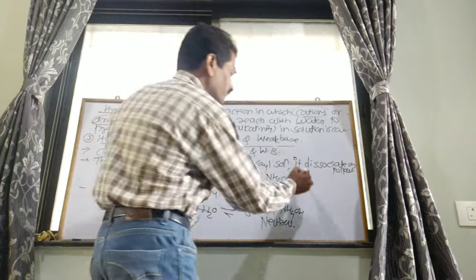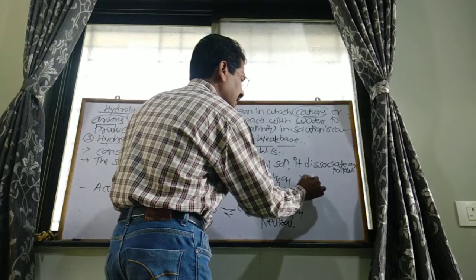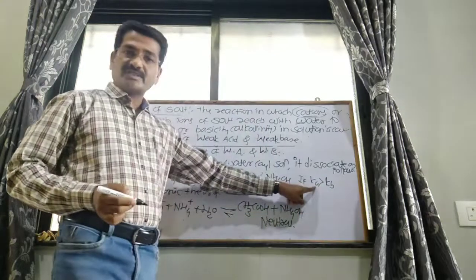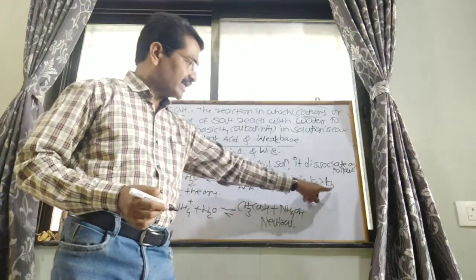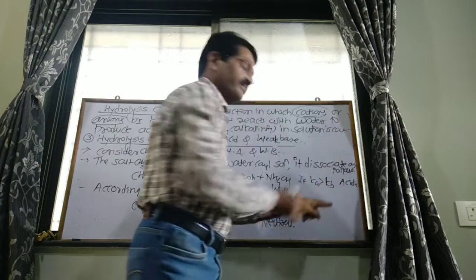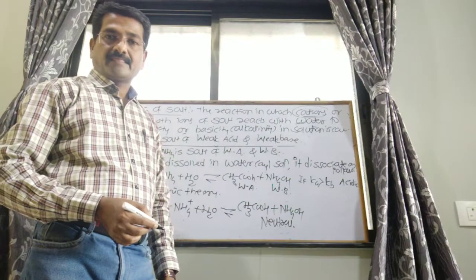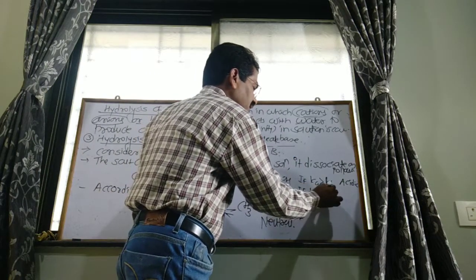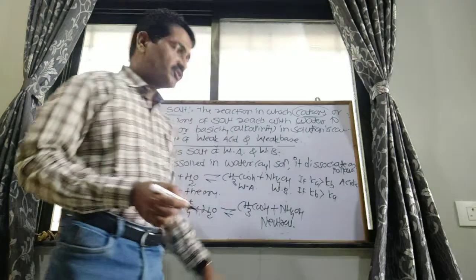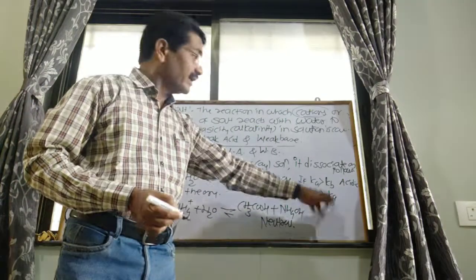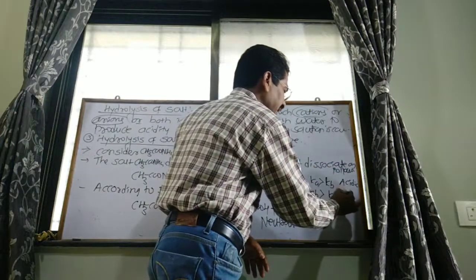How? If Ka, the dissociation constant of acid, is greater than Kb, then the solution is acidic in nature. Second, if Kb is greater than Ka, the dissociation constant of base greater than that of acid, then the solution is basic in nature.